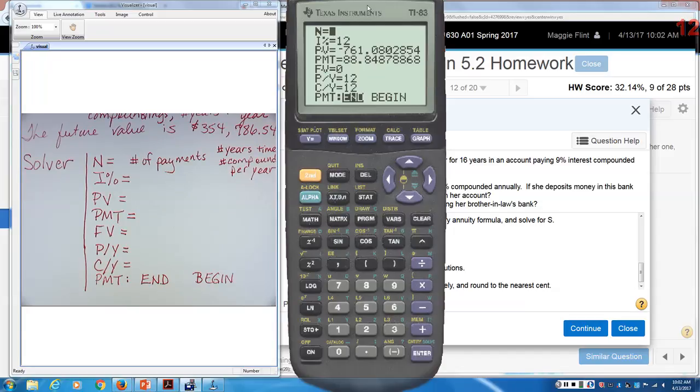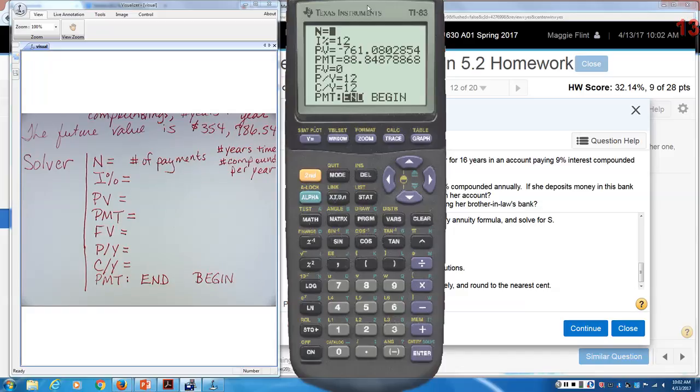If it's compounded annually, that's one payment a year, times the number of years. If it's compounded semi-annually, that's 2 payments a year. If it's compounded quarterly, that's 4 payments a year. If it's compounded daily, then that's 360 times the number of years.